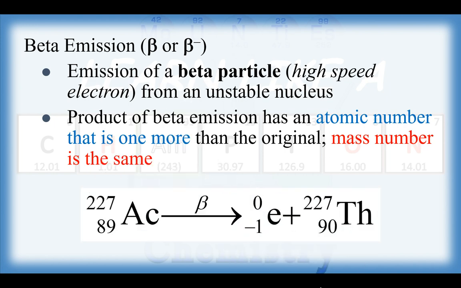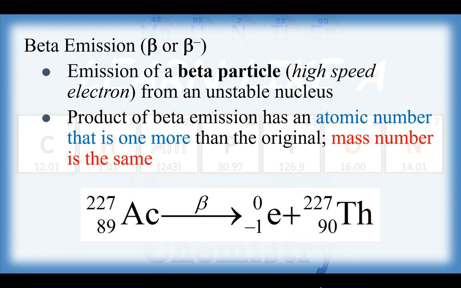So if we take actinium-227 once again as our parent isotope, this time undergoing beta decay, you can see the symbol for a beta particle, e for the electron. Electrons essentially have 0 mass, so that's why the mass number is 0.